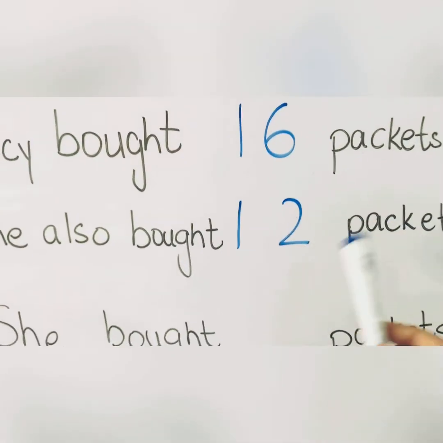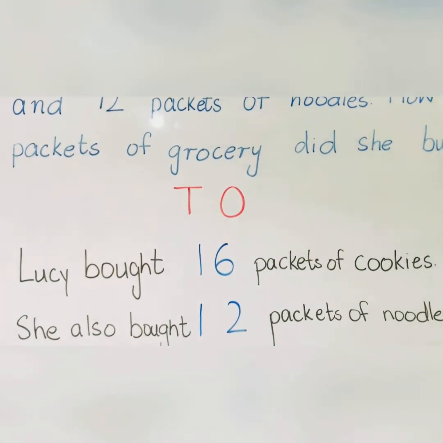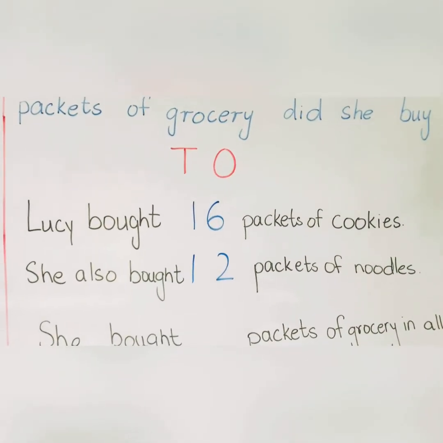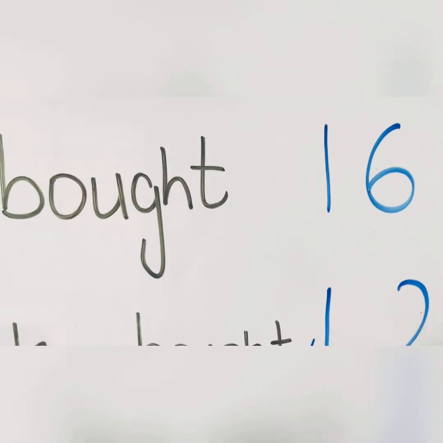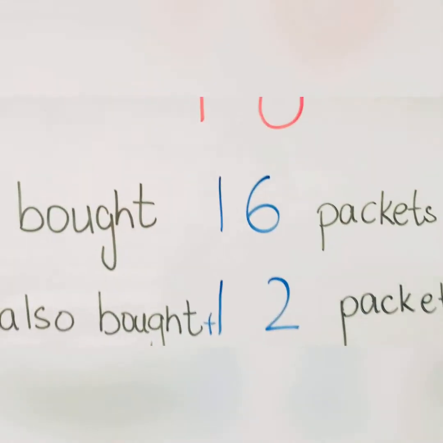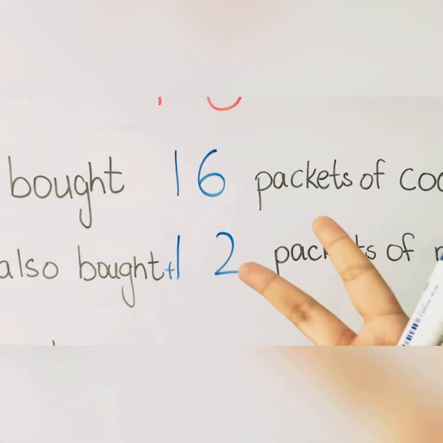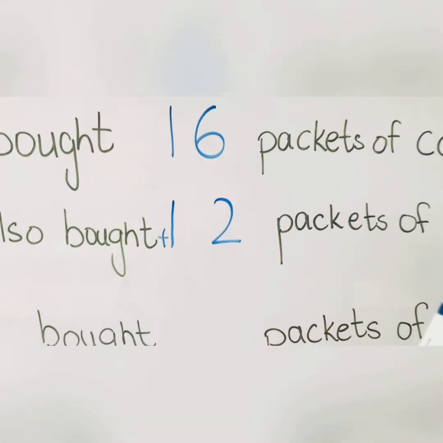6 plus 2. So over here they're asking you that how many she bought in all. So that means you have to add both the answers. You have to find the sum. So I will add these two. Okay, 6 plus 2. 6 in the mind, 2 on the fingers. So I will count ahead. 7, 8.